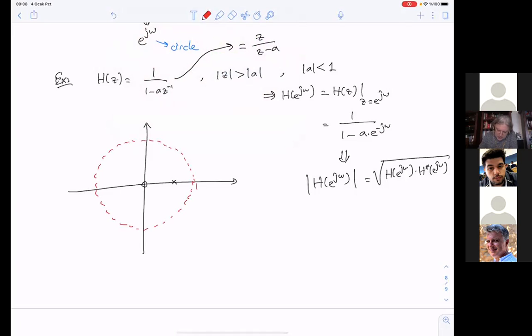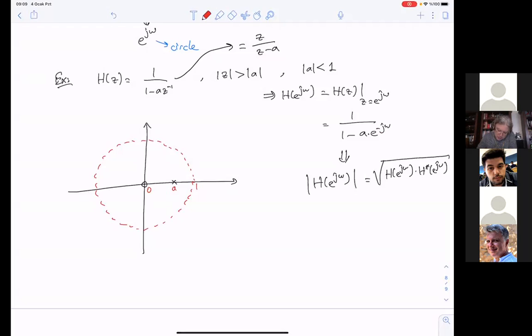This is 1, this is a, and this is 0. Now the overall magnitude response is equal to the distances from the zeros divided by the distances from the poles to the unit circle.